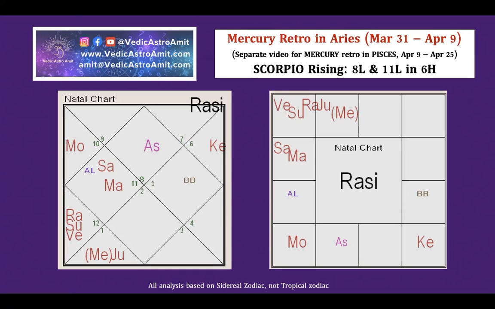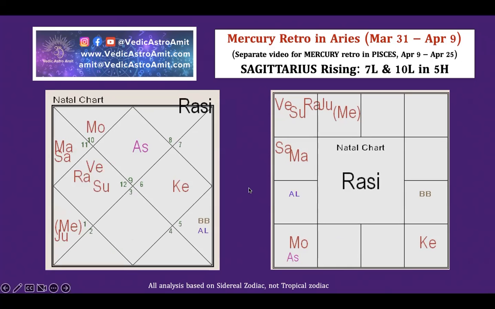Then you may meet people at a very deep level. You'll connect intuitively with some people in terms of your romantic relationship. So there'll be lots of opportunities. Stay away from any risky speculative investments. So that's the sign of Scorpio rising, Mercury retrograde phase through April 9th.